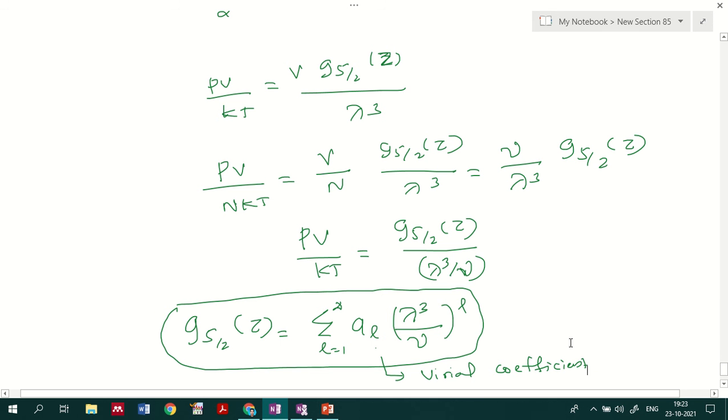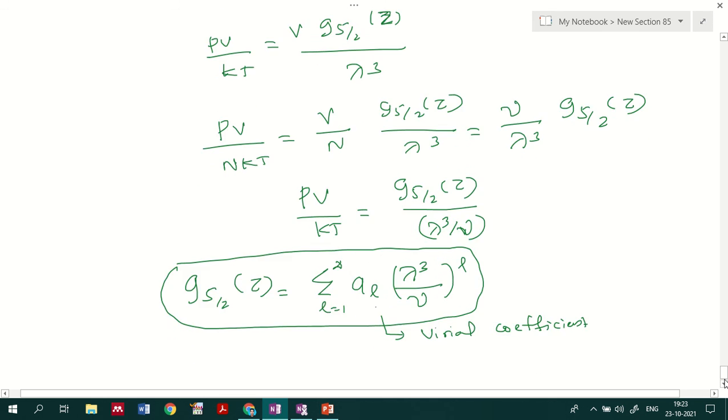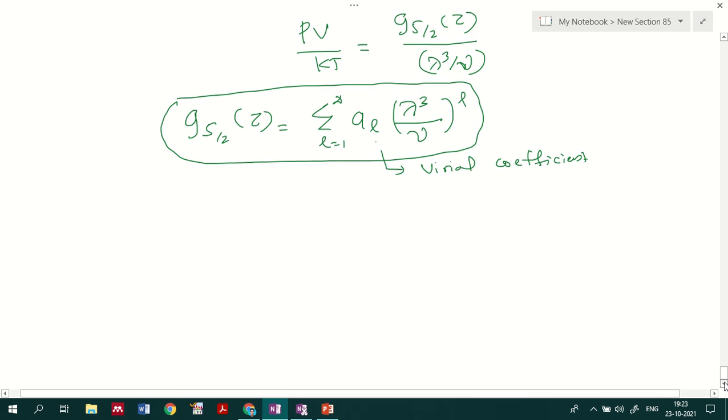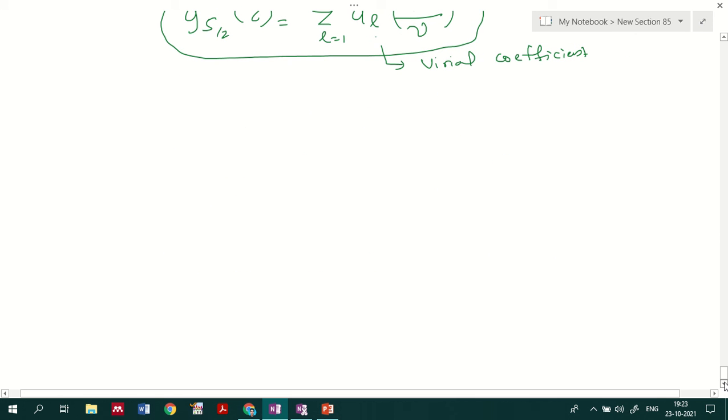It was a summation of the coordinate multiplied by the force applying on the coordinate. That was the virial theorem. So this is what we call the virial coefficient, and pV by kT becomes sigma over l of a_l lambda cubed divided by nu raised to l, divided by, so it is pV by NkT.